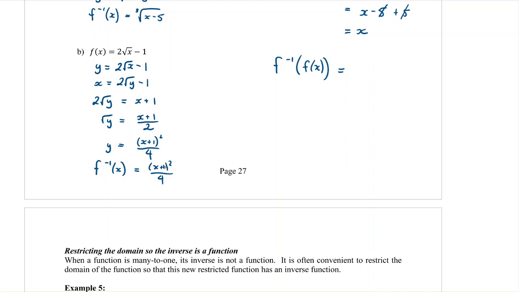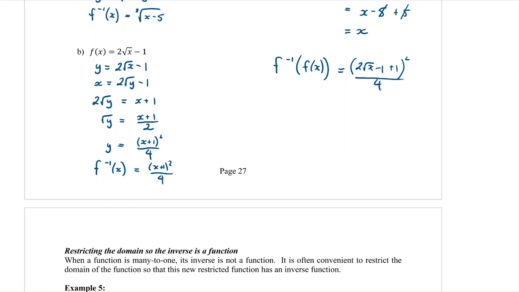So the x in there is going to become my original function, which was the 2 root x minus 1. So that is 2 root x minus 1. That's my x value. Then the rest of my inverse function says plus 1 all squared over 4. Does that make sense?